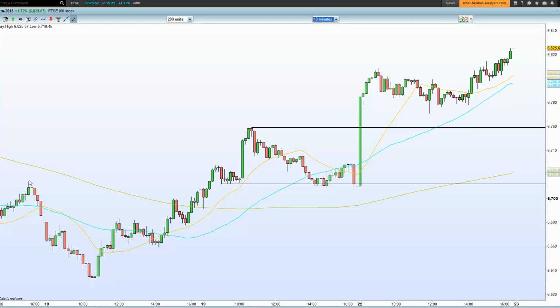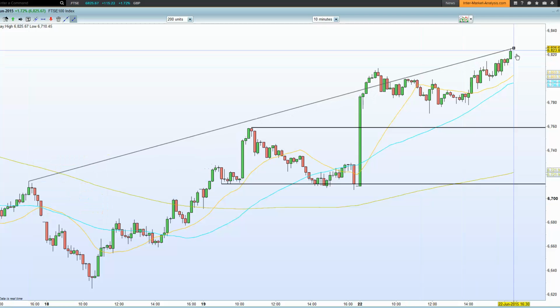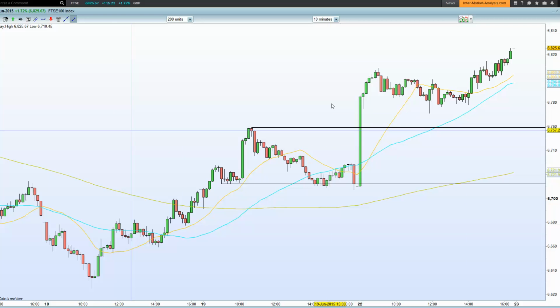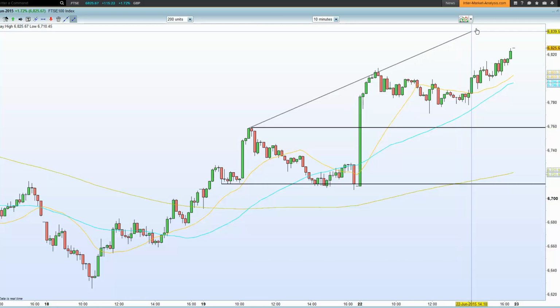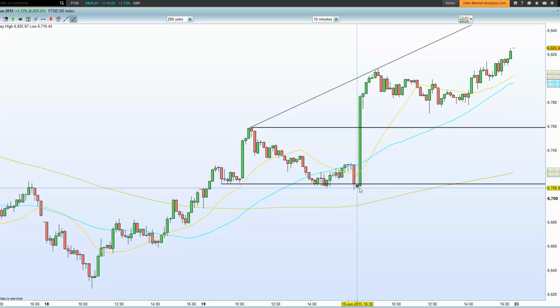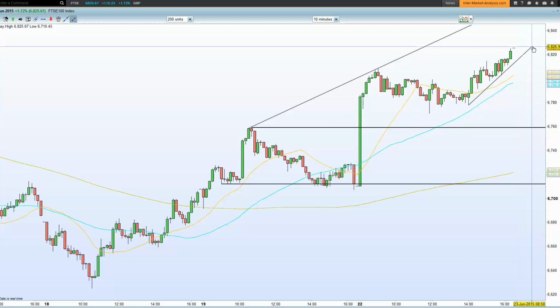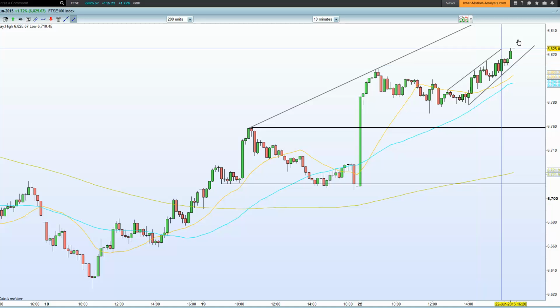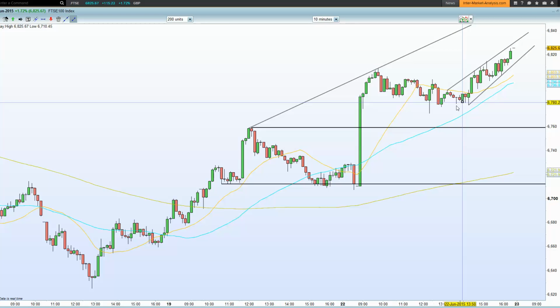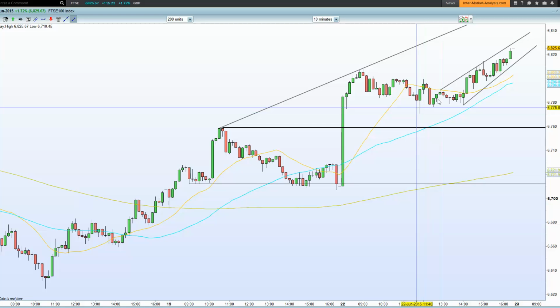Now, see if I have any diagonal trend lines. Nothing here at present. Okay, for now. So all I'm going to do is take this pivot high for now, connect to that pivot high, taking the pivot low here. Okay, nothing really in terms of the FTSE itself. Okay, so you have a rising contracting wedge pattern, but even that is certainly circumspect.